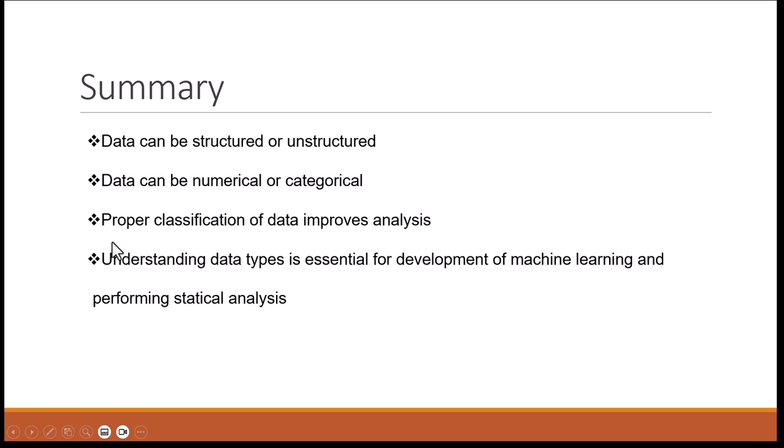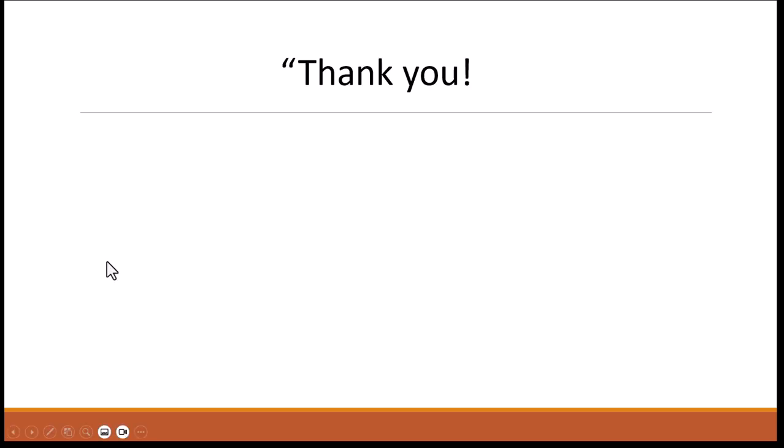And also we need proper classification of data if we want to enhance our analysis and model projects. Understanding data types is really essential for development of machine learning and performing statistical analysis. Thank you.